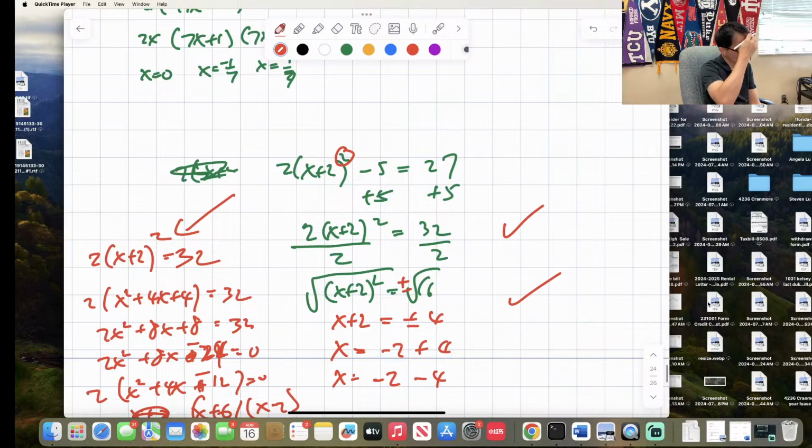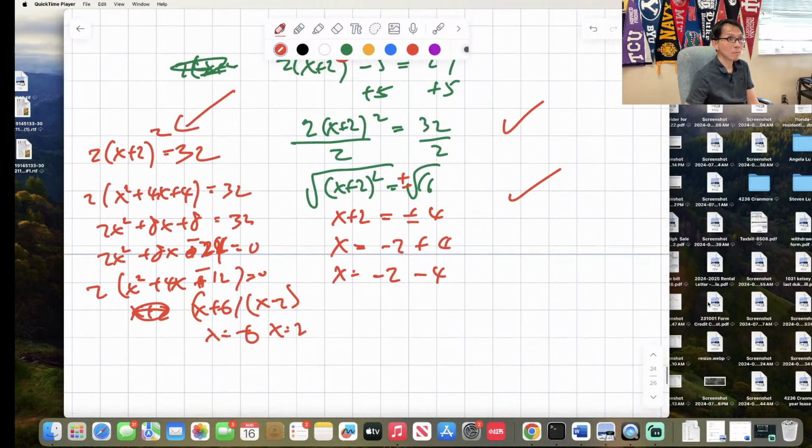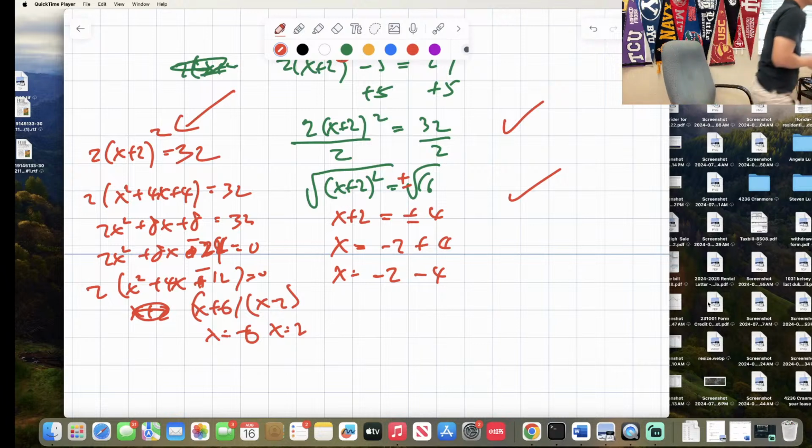Just making sure, if they didn't get anything right, we just count how many check marks out of 4, right? Am I okay here? This one is different from this one. It says equals 32 on this one and equals 33 on this one. The test you gave us says 33.